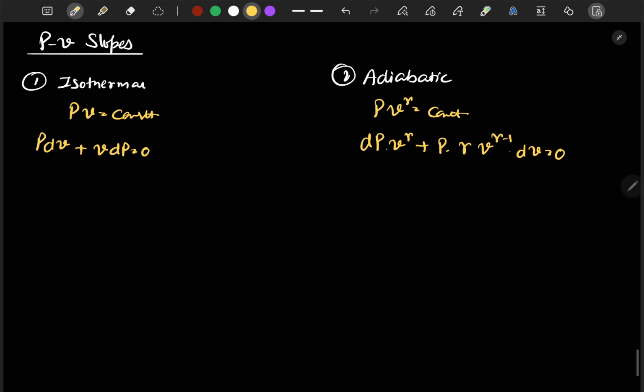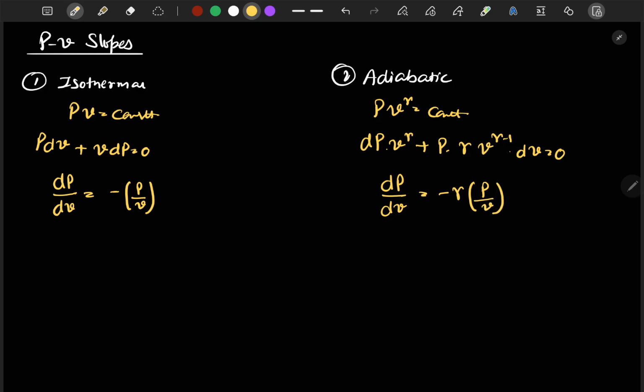From here we can write dP upon dV is equal to minus P by V, and in the case of adiabatic, dP by dV is equal to minus gamma times P by V.